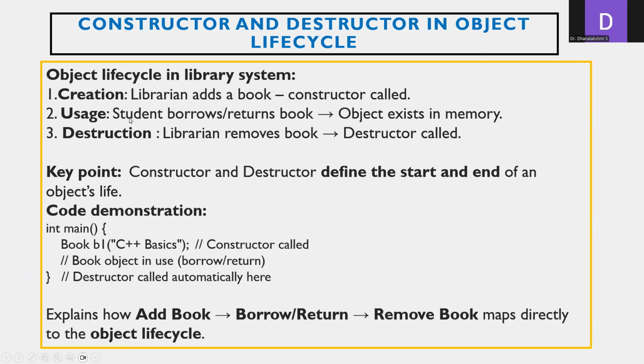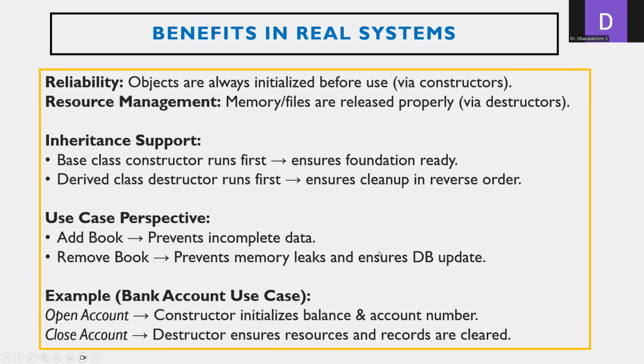For usage, the object performs its intended operations, that is, students borrow or return books, whatever, while the object exists in memory. Destruction, the destructor is called automatically when the librarian removes the book. Here is the same example we have given for you, whatever we have discussed. So the life cycle is creation, usage, and destruction.